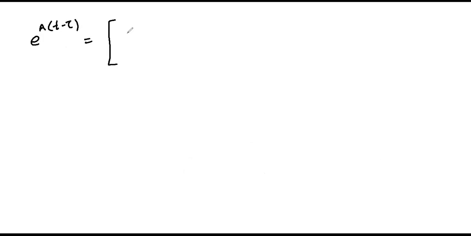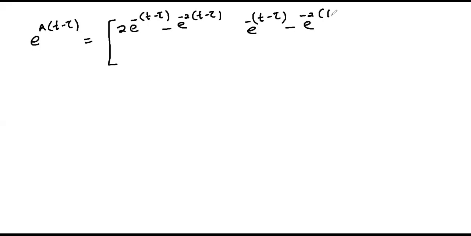The first term will be 2 exponential minus t minus tau minus exponential negative 2 into t minus tau. The second term will be exponential minus t minus tau minus exponential minus 2 into t minus tau.